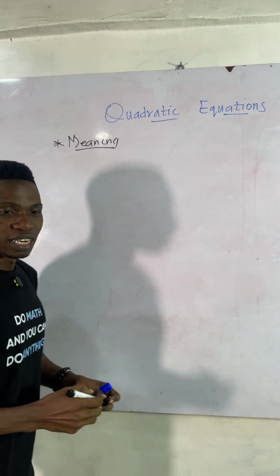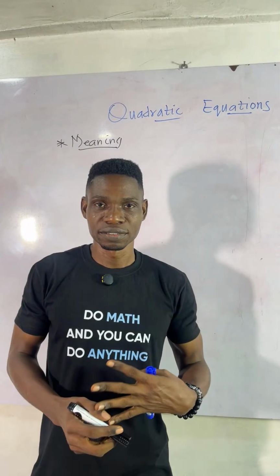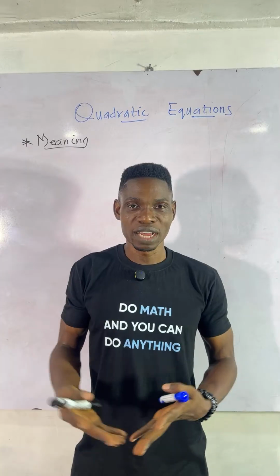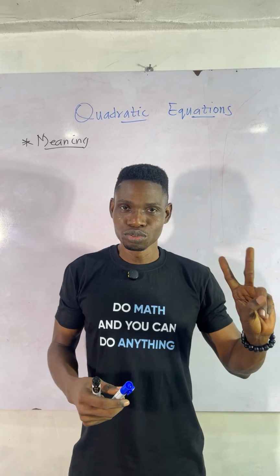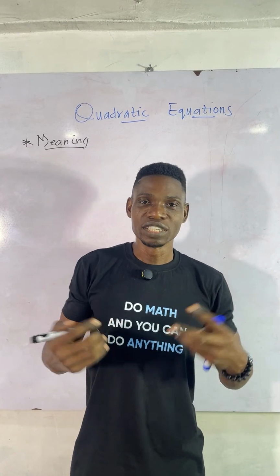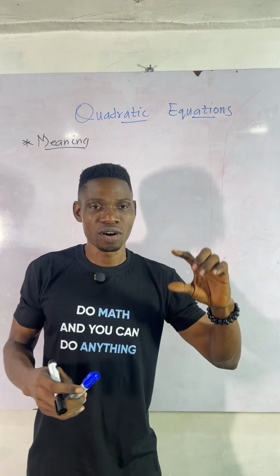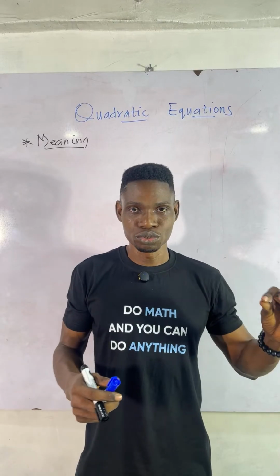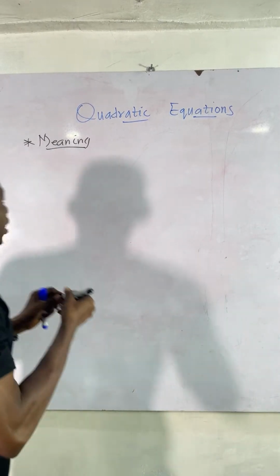Now, what is a quadratic equation? A quadratic equation is any polynomial of degree 2. When I say degree 2, that means the highest power of x, or the alphabet we are using, is 2. Now, it looks like this.